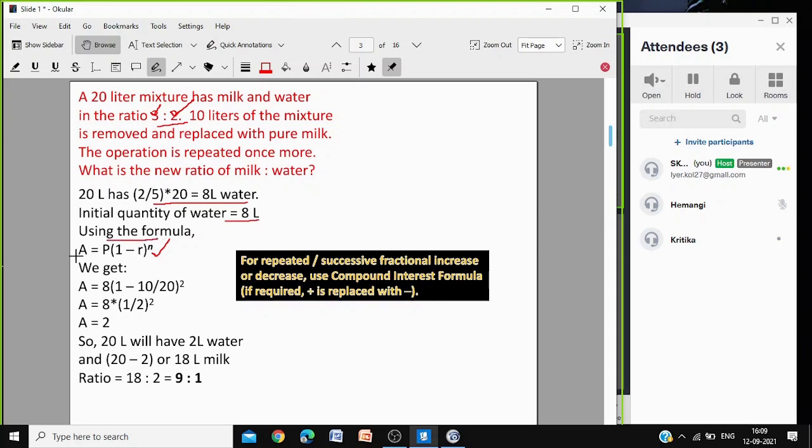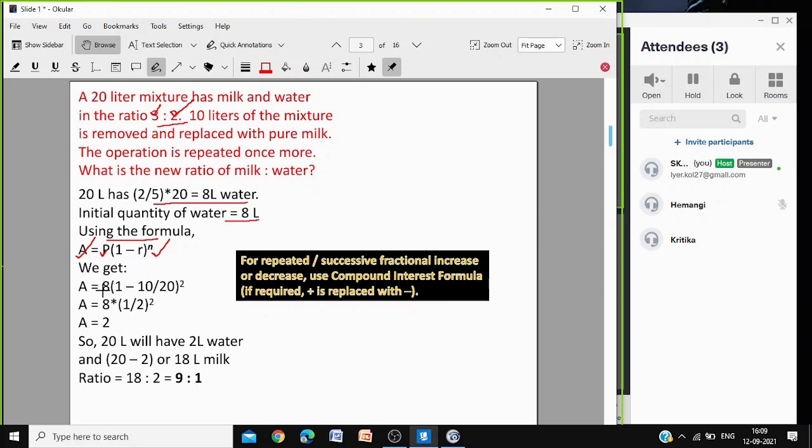The amount is P into 1 plus, but instead of plus we are writing minus because the quantity is decreasing, minus R instead of R by 100 because it could be any fraction, whole power n. N is the number of times you do it.